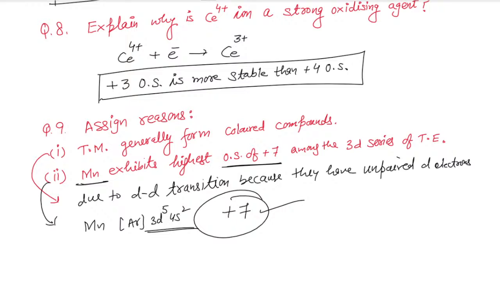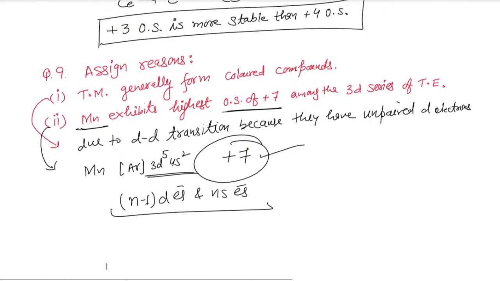Due to the participation of (n-1)d electrons and ns electrons, they exhibit the highest oxidation state of +7 due to the participation of 2 ns and 5 (n-1)d electrons. Okay, question number 10.